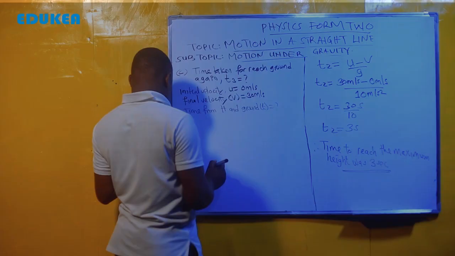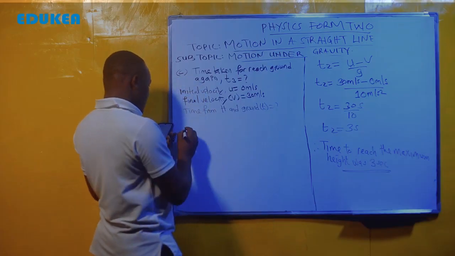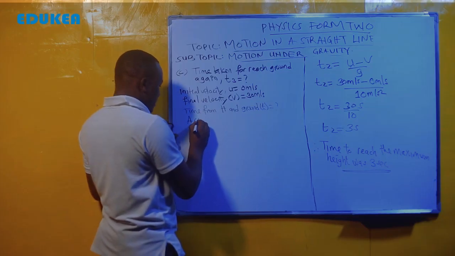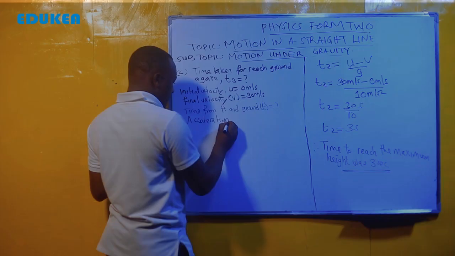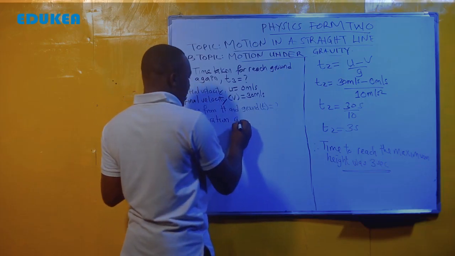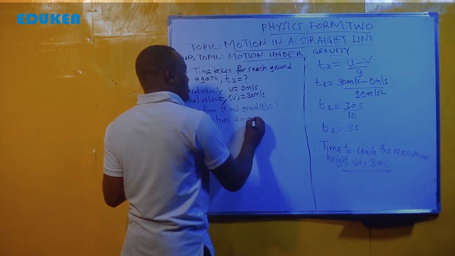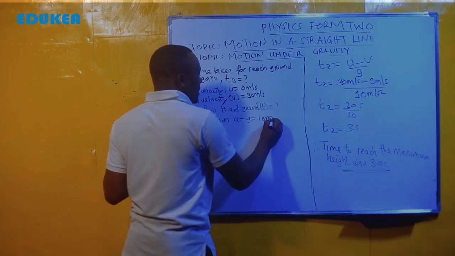Hiyo hatuna, lakini pia tumepewa acceleration a ambayo ni sawasawa na g ambayo ni sawasawa na 10 meter per second square.